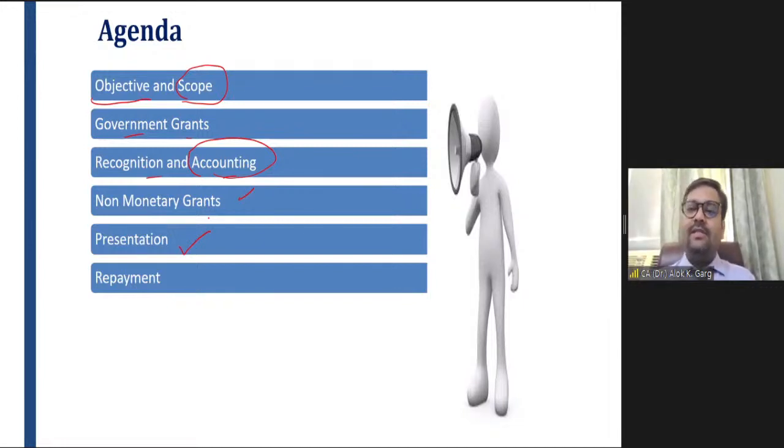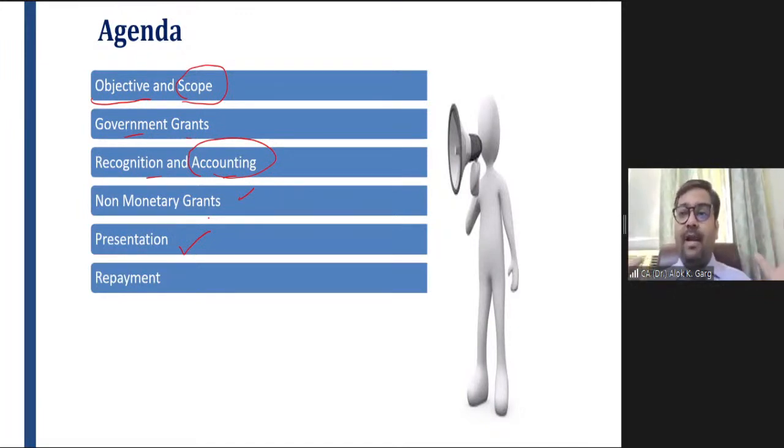Or let's say I'll give you 50,000 acres of land at 25% price. Why is government providing such benefit to the company? In lieu of the company coming to the remote location, of course it will generate employment, it will generate livelihood.